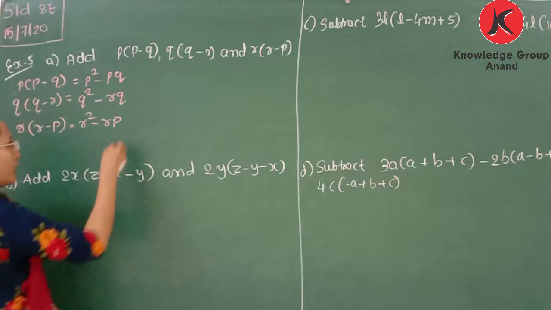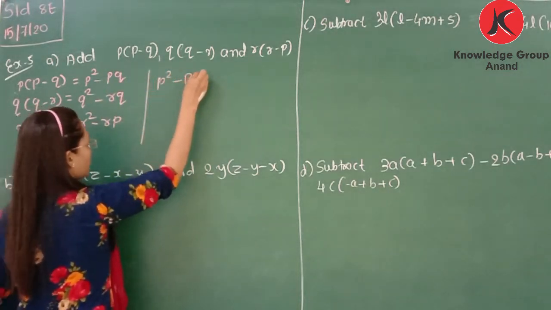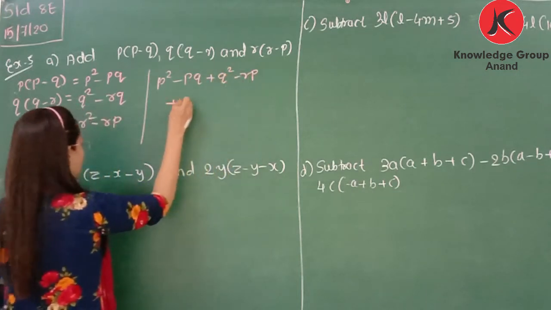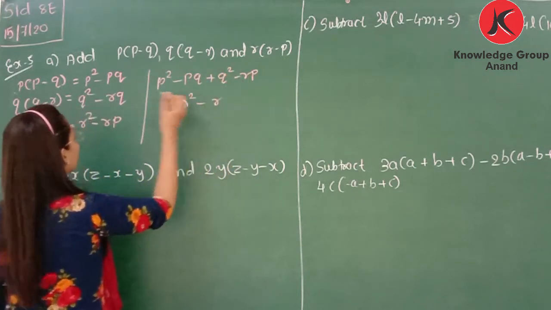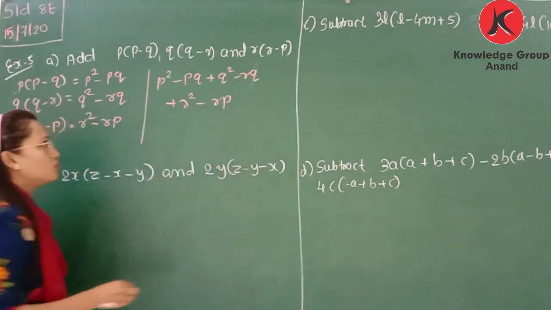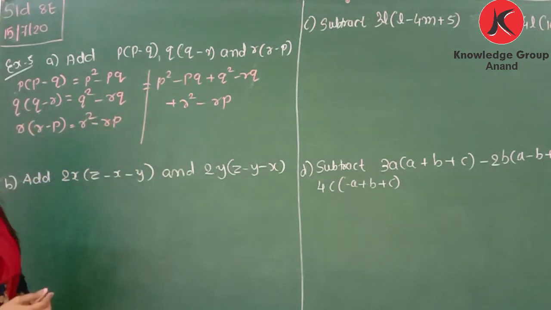So here addition of these three expressions: p square minus pq plus q square minus qr plus r square minus rp. So now can you see any like terms in these 6 terms? No, all are unlike terms.